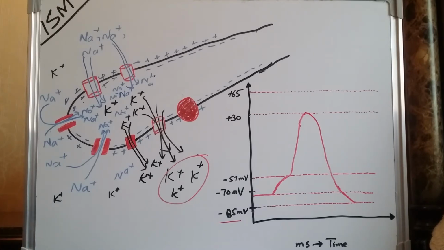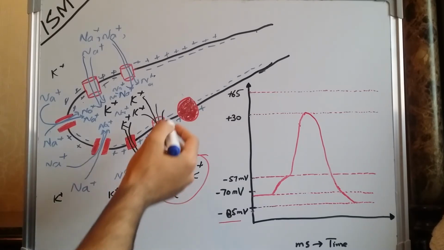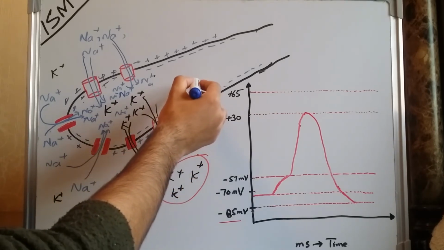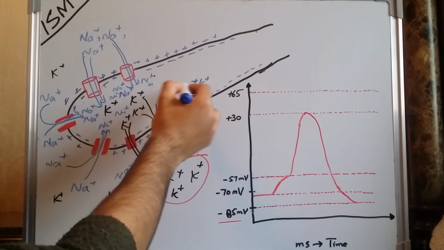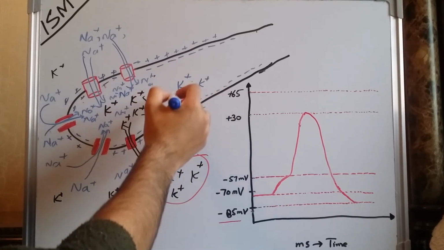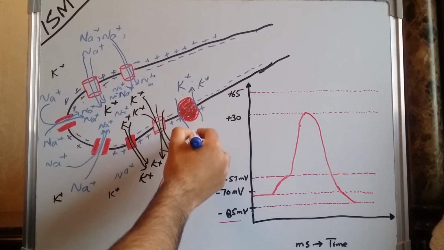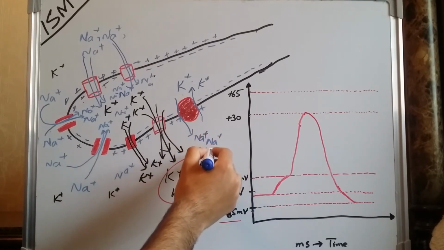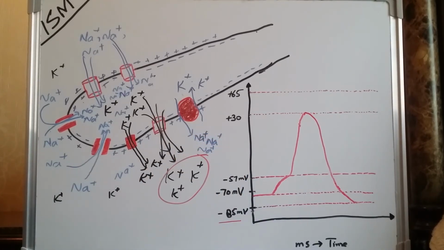They will actively take potassium inside and sodium outside: three sodium outside and two potassium inside. By using ATP, because of this sodium potassium pump, the membrane again reaches its resting membrane potential.